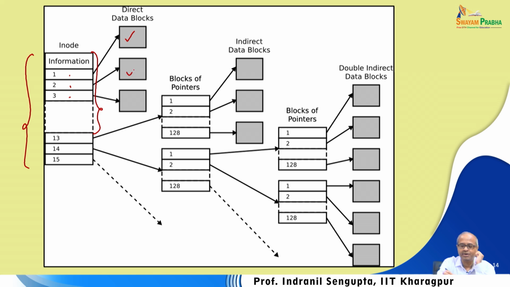So, they directly point to disk block numbers. The 13th entry is a single indirect pointer, that means it points to disk blocks, and these disk blocks contain some disk pointers. So, from there they point to data blocks.